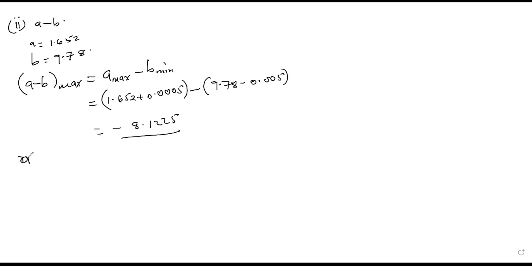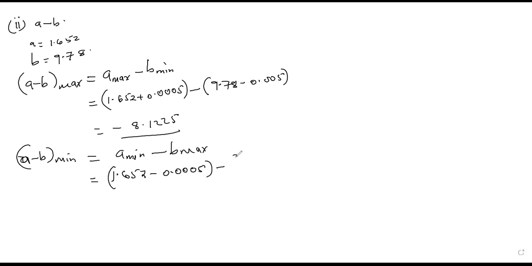If we need A minus B minimum, to get minimum, if we need a small value, it means that A should be small, you subtract from big. When you get small and you subtract from big, you get a small value. So we shall say A minimum minus B maximum. That one will give us a minimum value. Because if you have something small and you subtract something big, you get something small. So A minimum will be 1.652 minus 0.0005.